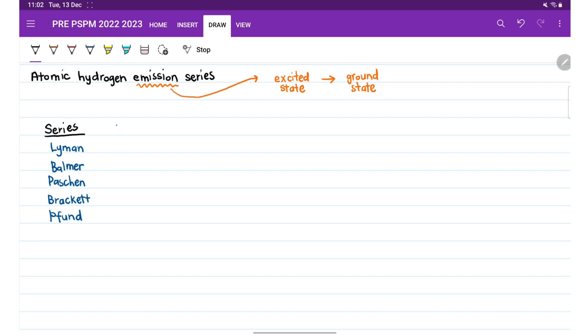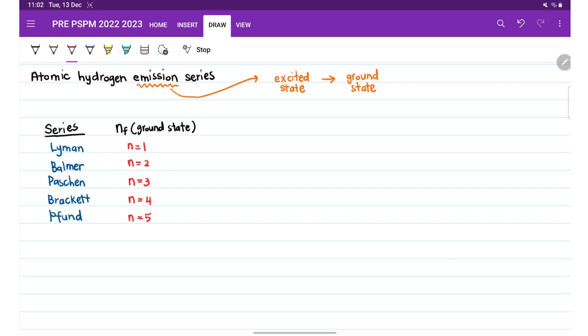Okay, so ground state dekat sini kita boleh labelkan sebagai n final, ataupun kita punya ground state. Okay, yang mana untuk Lyman series, the ground state will be n equals to 1, Balmer n equals to 2, Paschen n equals to 3, Brackett n equals to 4, and Pfund n equals to 5.